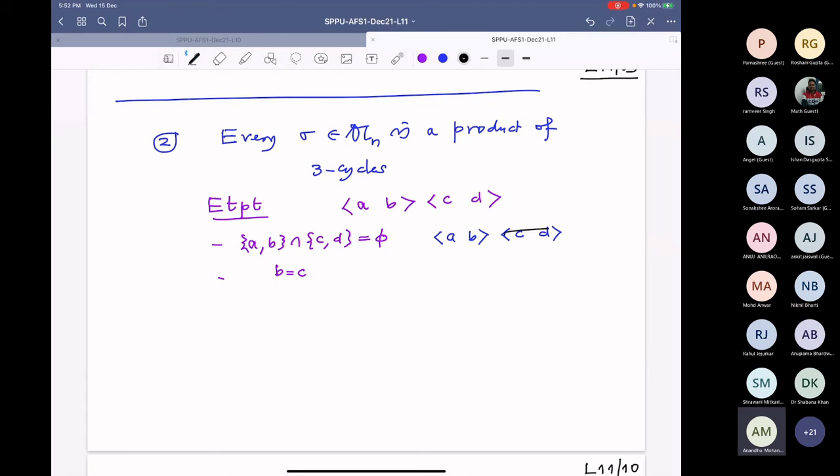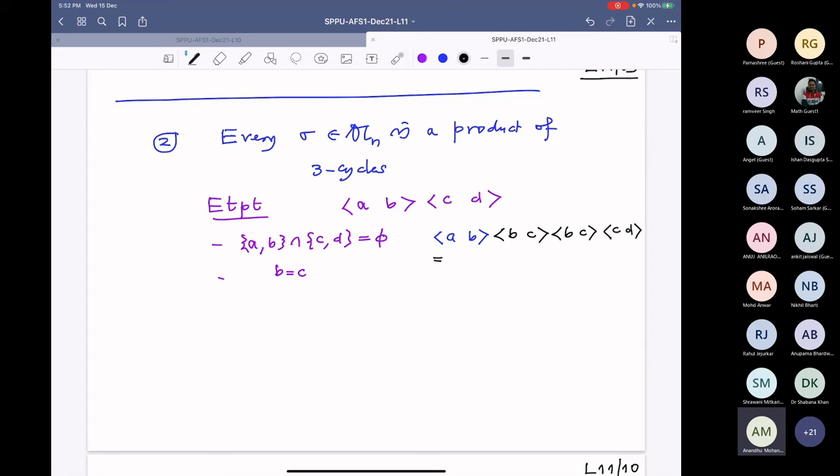So AB and then BC, I inserted BC in between, and then CD. They are different, all elements A, B, C, D are different. So let us compute this.